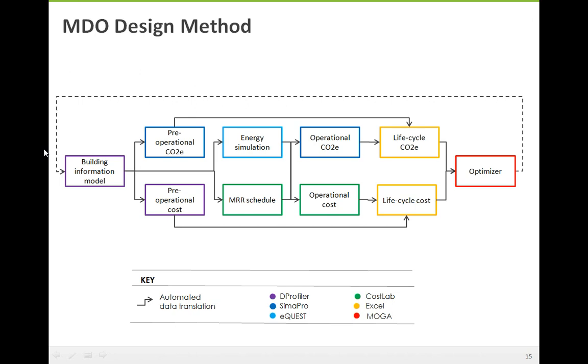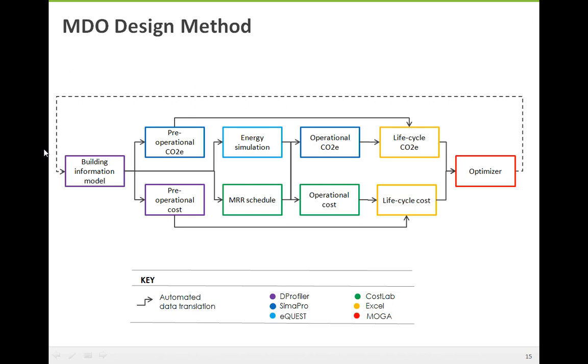That contains all the information about the geometry of the building, and in this case, we used the deprofiler tool, which basically links a parametric representation of the geometry to a fairly detailed cost database. So we're using that tool to estimate pre-operational cost or construction cost.